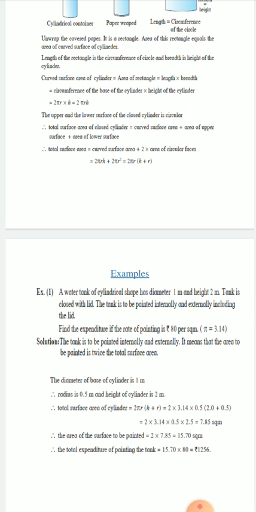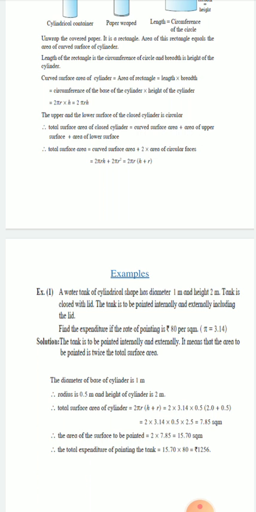Simply put the values. 2 into pi, which is 3.14, r is 0.5 meter, and in the bracket h plus r, h is 2 meter and r is 0.5 meter. First solve the bracket, then multiply all the terms. You will get 2 into 3.14 into 0.5 into 2.5. So the total surface area of the cylinder becomes 7.85 square meter.